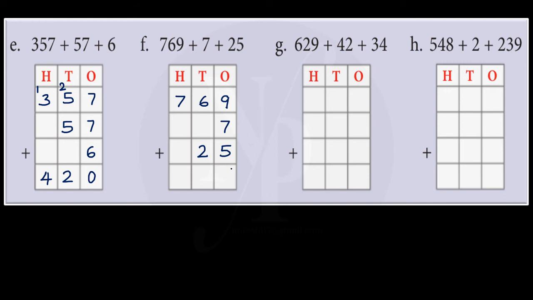Now let us add. Here 9 plus 7 is 16 and 16 plus 5 is 21. 21 is regrouped as 2 tens and 1 one.